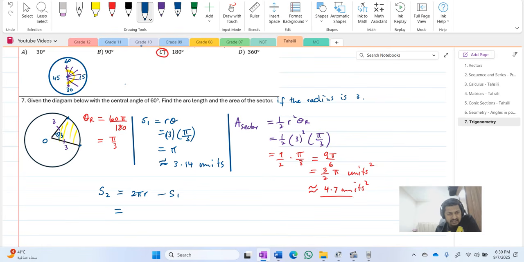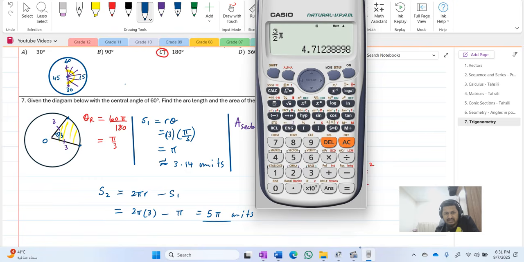S1 is pi. So I've got 6 pi minus pi, which is 5 pi units. So that's the distance around. Now what is 5 pi? 5 times 3.14, an approximation, is 15.7. So that's approximately 15.7 units.